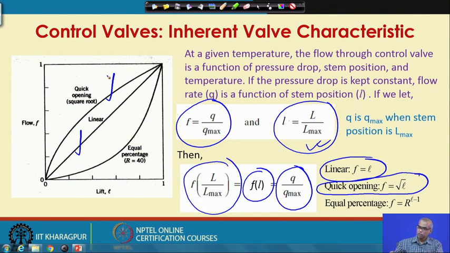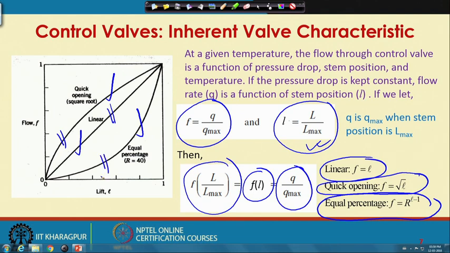Equal percentage valve is f equal to r to the power l minus 1. So, for a specific value of r, let us say r equal to 40, you will expect a curve as shown in the figure. So, this is linear, this is quick opening, and this is equal percentage.